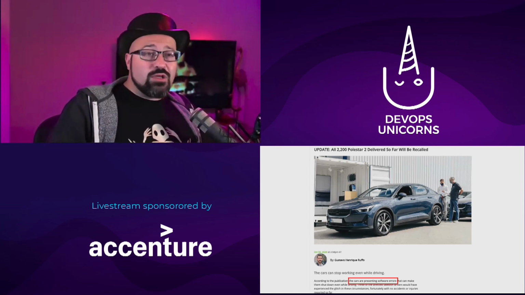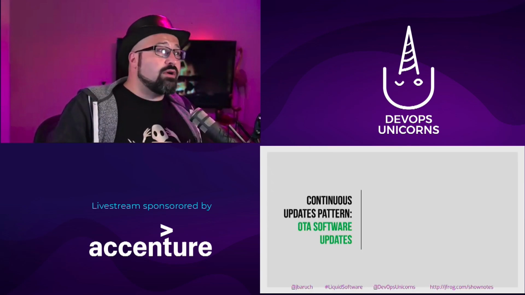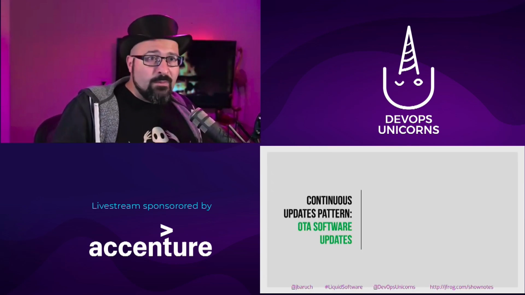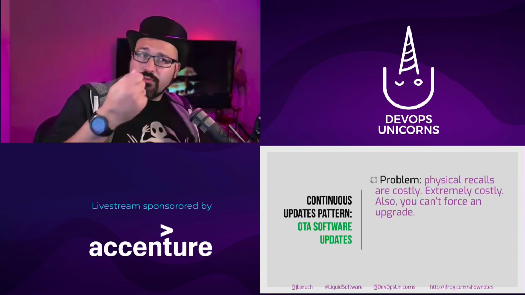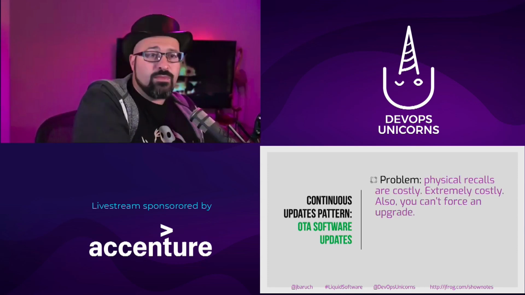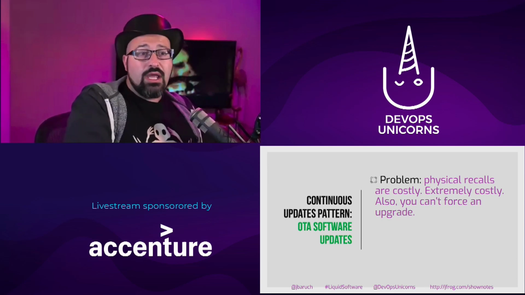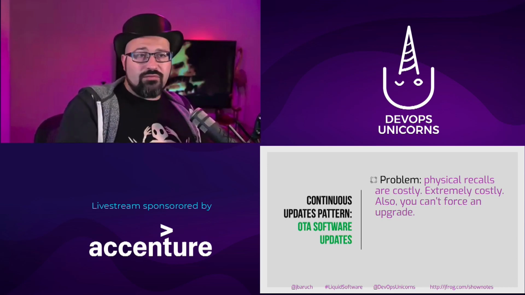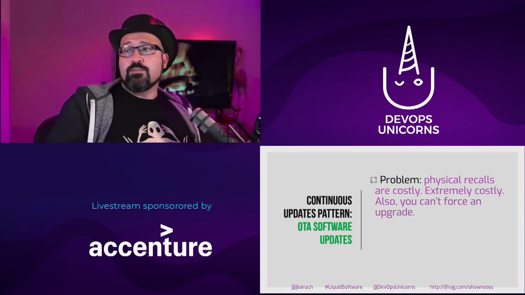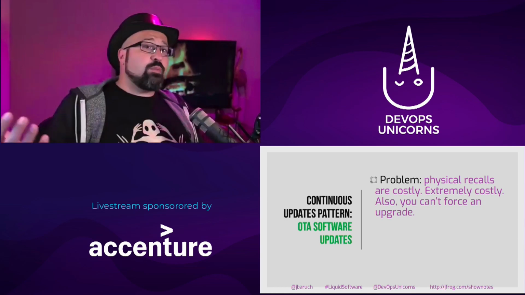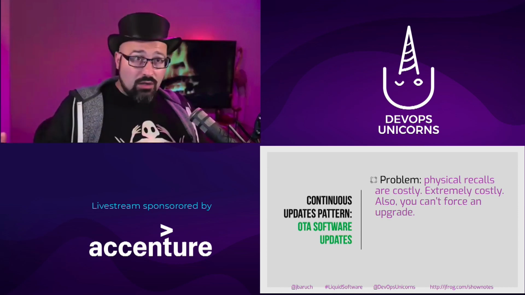Jaguar and Polestar had over-the-air software updates. The problem is not having software updates, it's that they need the owners to fix things manually. This is very expensive, and more importantly, it's impossible to force. So you have a problem with your customer's car, the brakes.